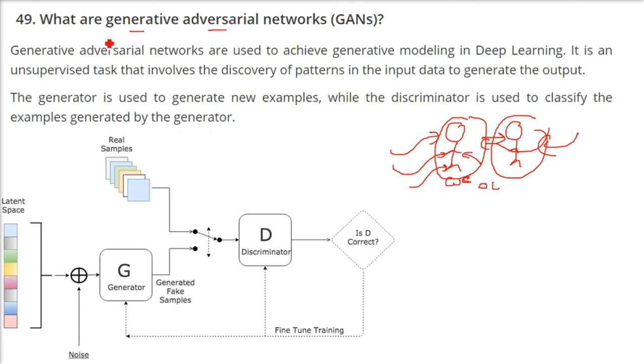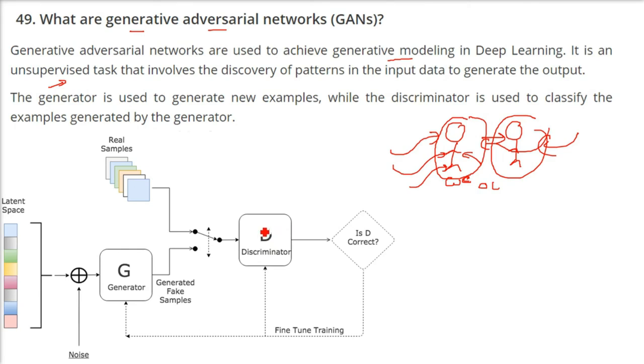The generative adversarial networks are used to achieve generative modeling in deep learning. This is an unsupervised task that involves the discovery of patterns in the input data to generate the output. So the generator is used to generate new examples, while the discriminator is used to classify the examples generated by the generator.